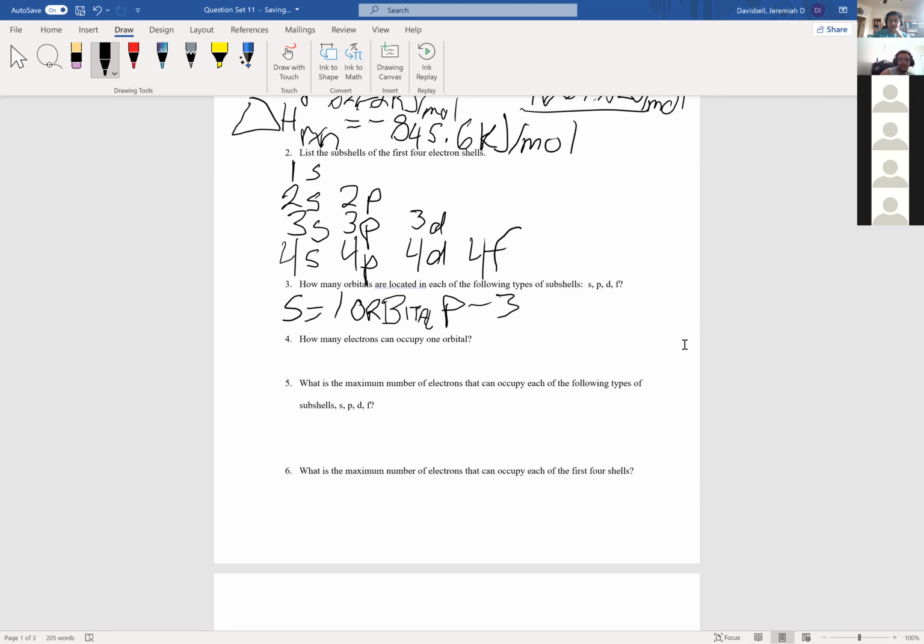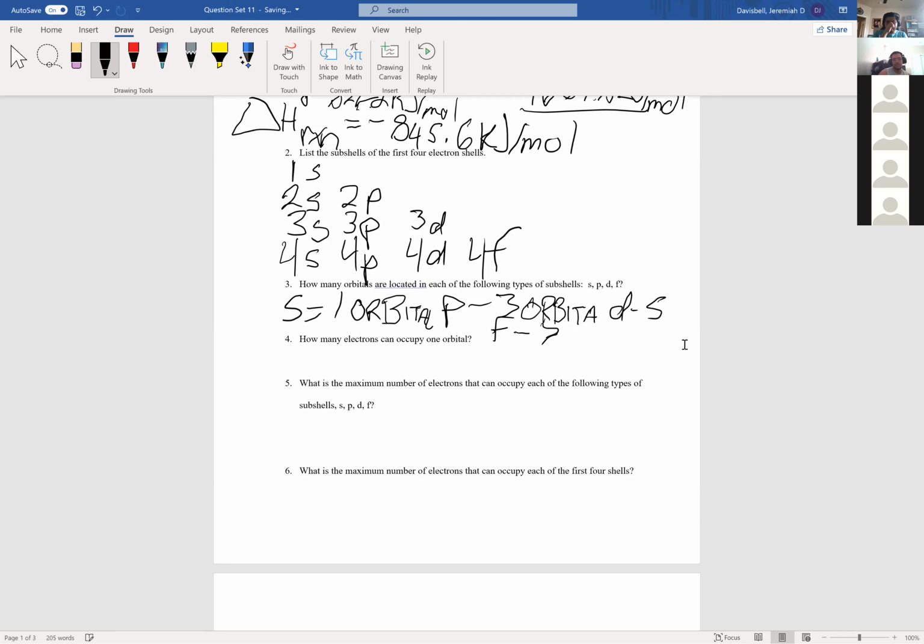There will be 3 orbitals. So we know s, we know p. What about d? It holds 10 electrons, so it would be 5 orbitals. Perfect. And then last but not least, f. 7, because it holds 14 electrons. Perfect.